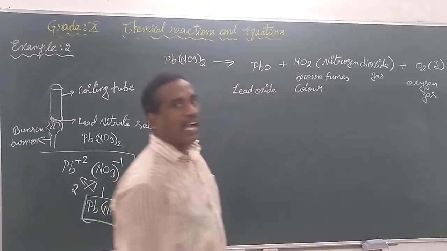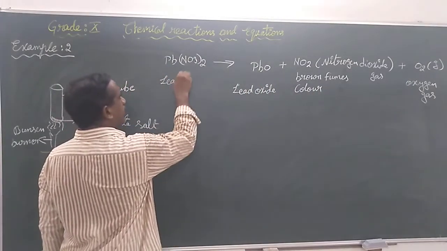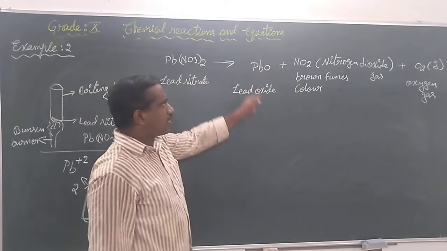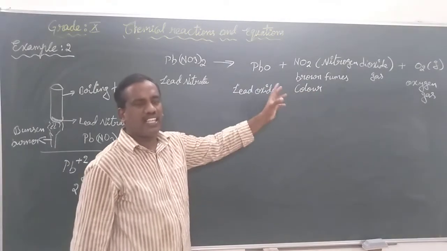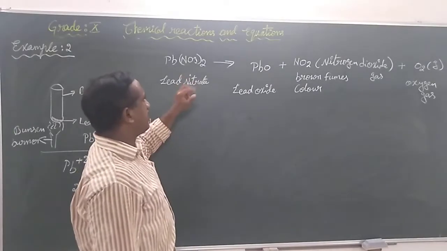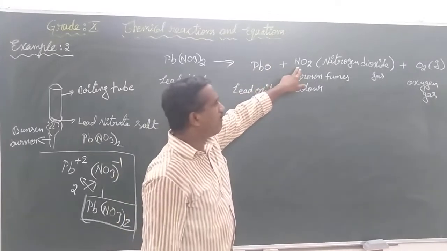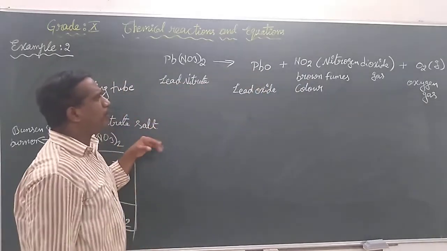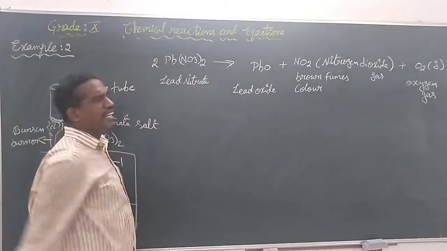When we heat our lead nitrate, we get the products lead oxide, nitrogen dioxide, and oxygen gas. Let's start balancing here. In the case of nitrogen, we have 2 in the reactant, but in the product we have only 1. For this purpose, I am going to put the numeral 2 in front of lead nitrate.